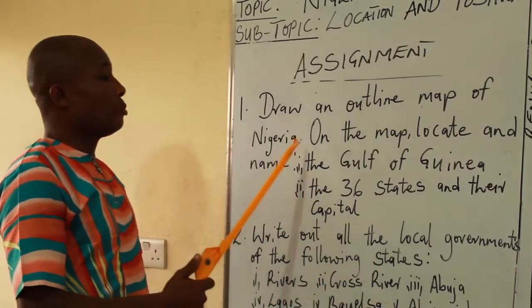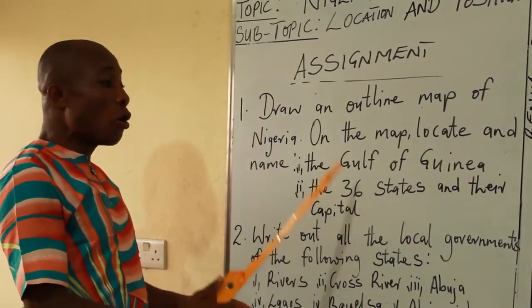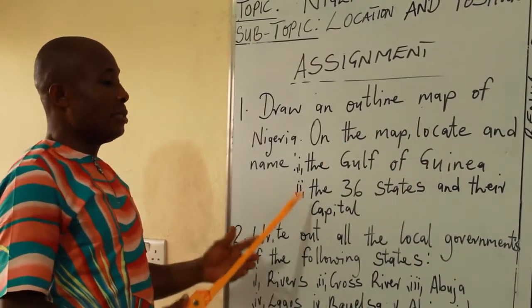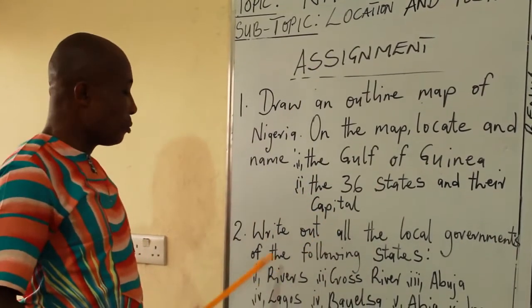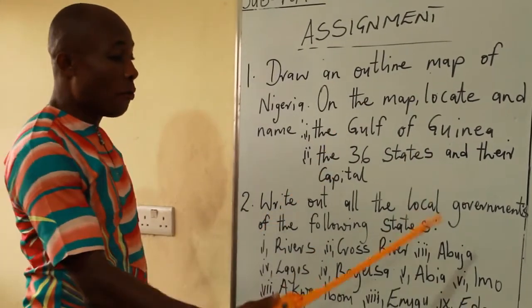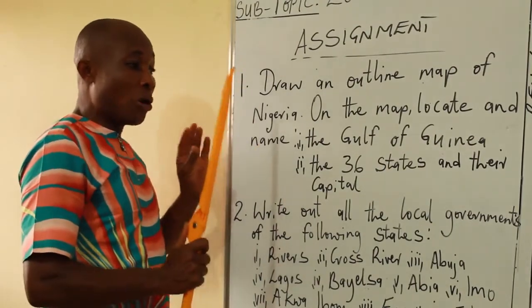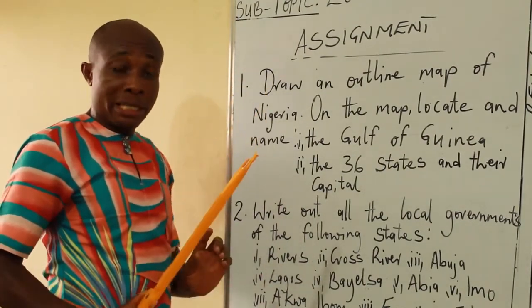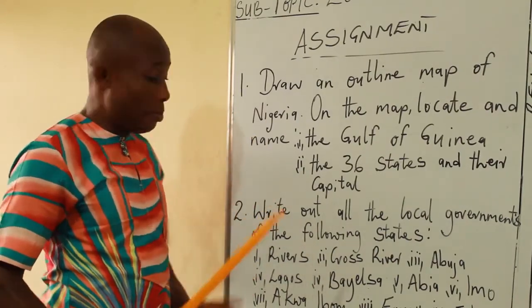Okay, on the map, locate and name the Gulf of Guinea, the 36 states, and their capital. 2, write out all the local governments. Number 1 will be inside the map, and the Gulf of Guinea, I want you to also locate it. But this number 2 has nothing to do with the map.